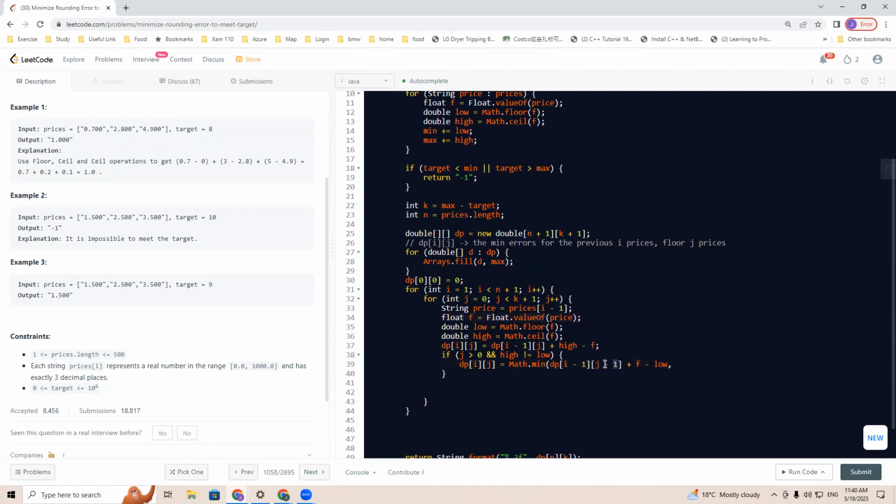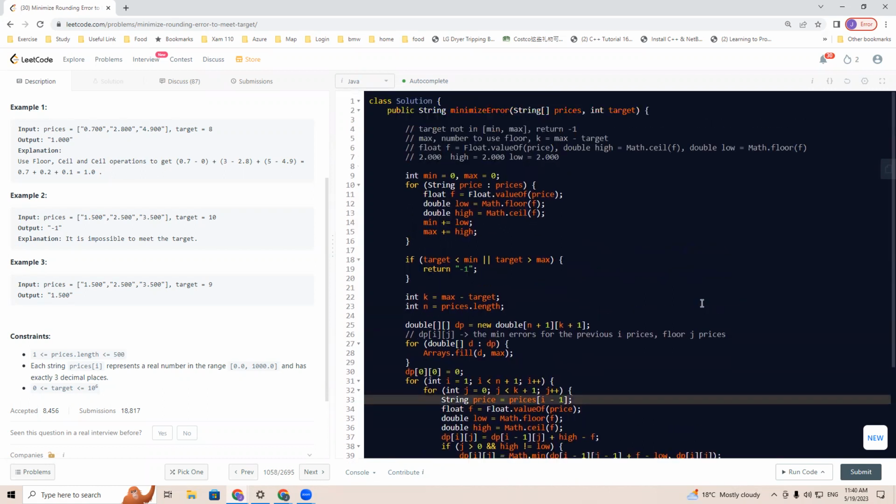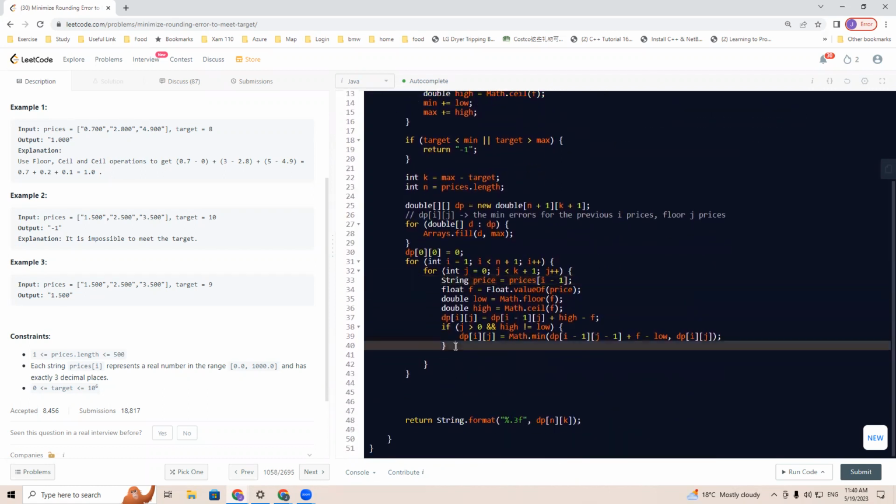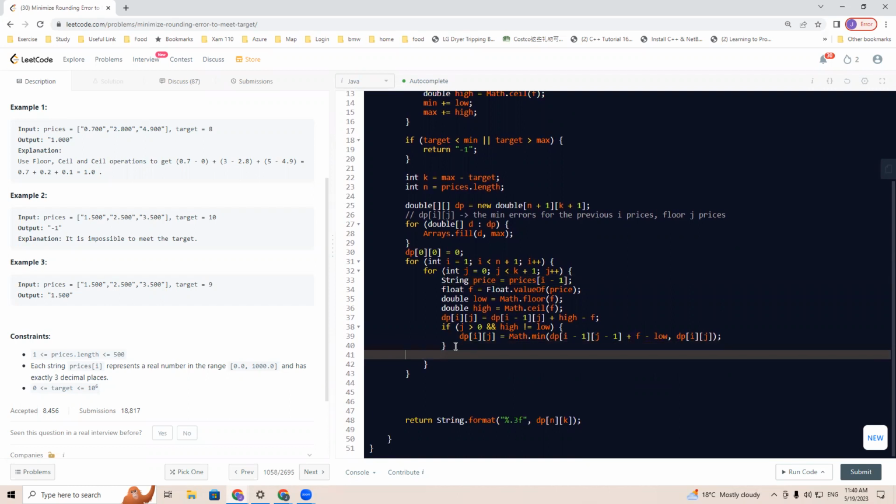In the previous, we floored j minus 1 times, and there is one extra floor here. And this other number means we keep the same times of floor as the previous one. So we'll compare these two. So this is pretty much our code.